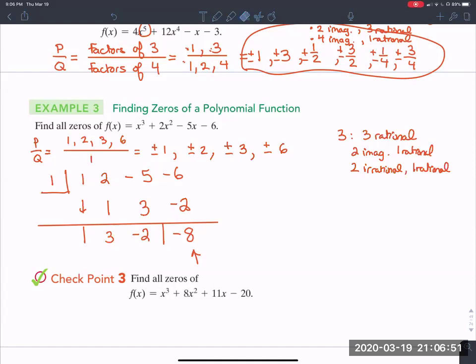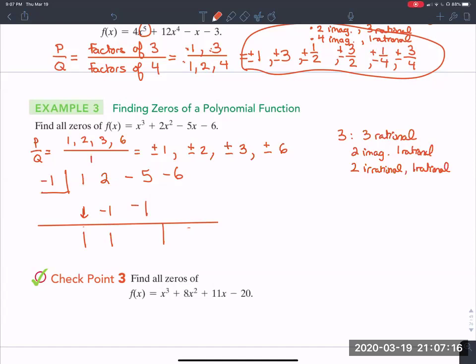So 1 is not a solution, and we go back to the drawing board. Now it could be negative 1, so let's try negative 1. 1 times negative 1 is negative 1. 2 plus negative 1 is 1. 1 times negative 1 is negative 1.